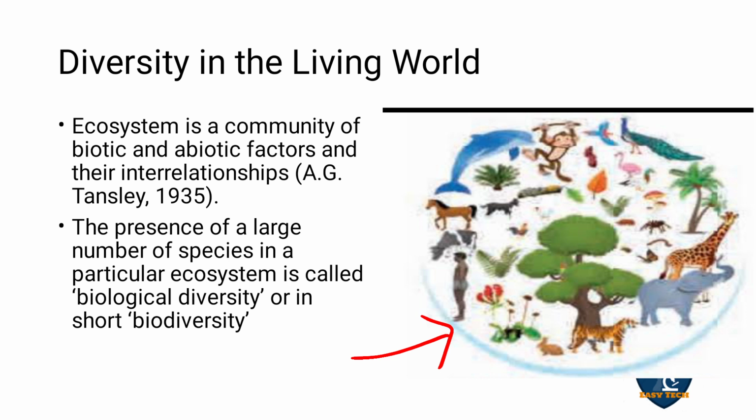This interrelationship was given by A.G. Tansley in 1935. The number of species in an ecosystem having a diversity is called biodiversity or biological diversity, the diversity among living organisms. Man has a sophisticated house, but does the dog have a house?